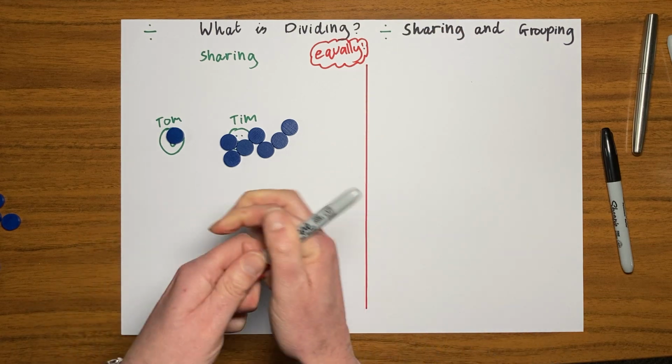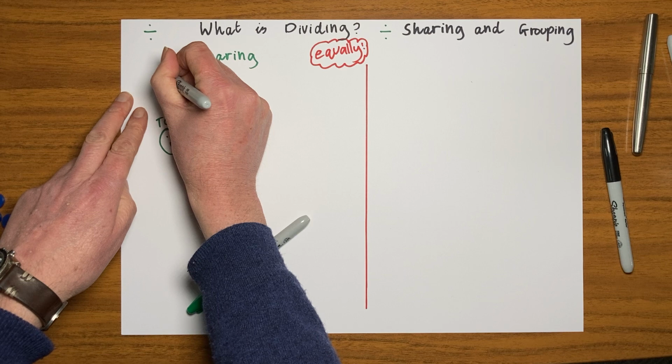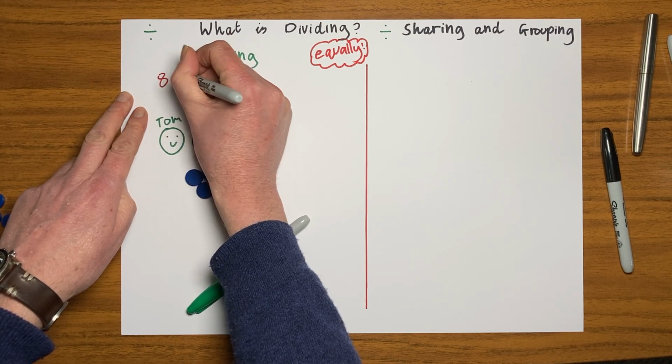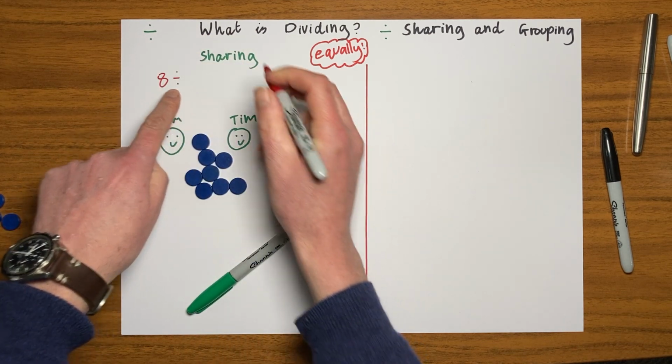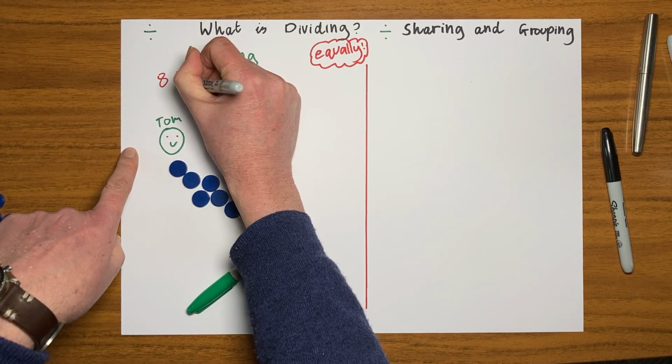So let's do that again. I've got 8. I'm going to write it here. And I'm going to share it or divide it between, how many people are there? Well, there are 2 of them.